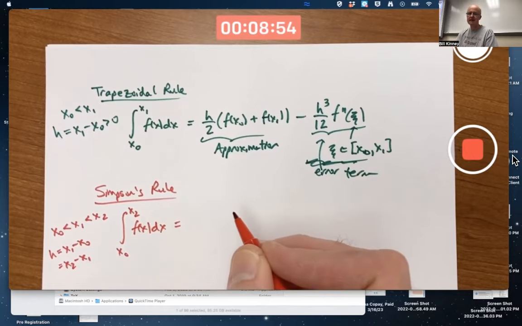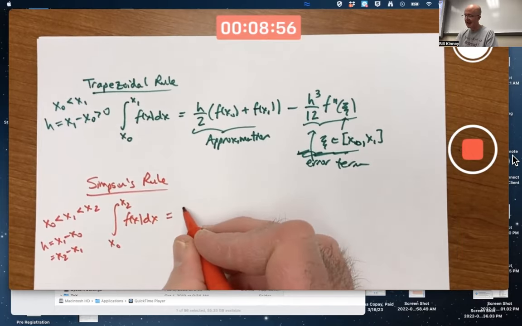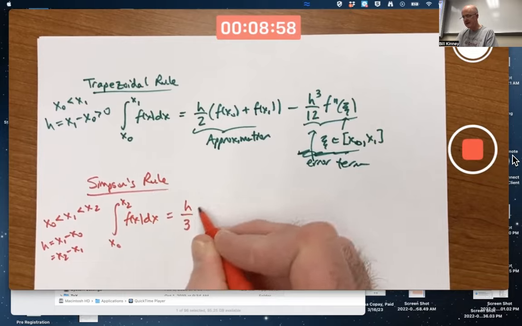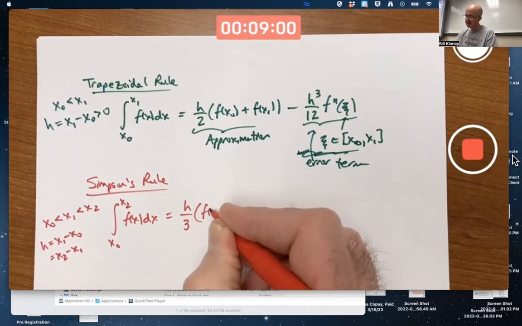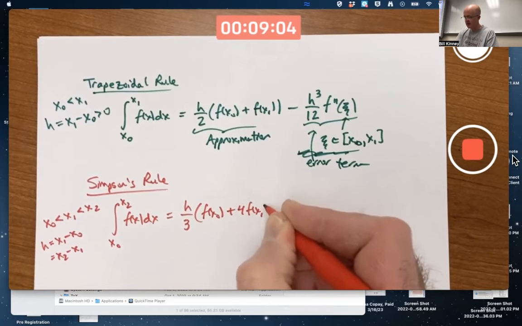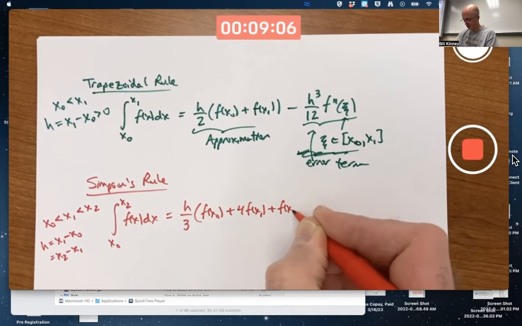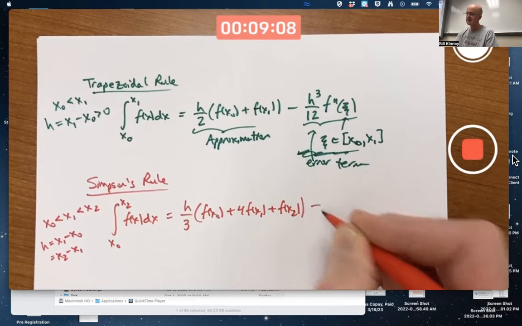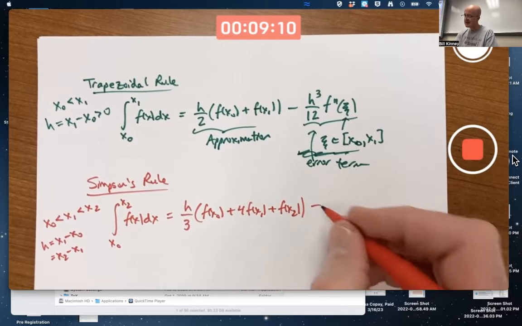And Simpson's rule in this context is written as h over 3 times f of x0 plus 4f of x1 plus f of x2. See if I can remember the error term correctly.